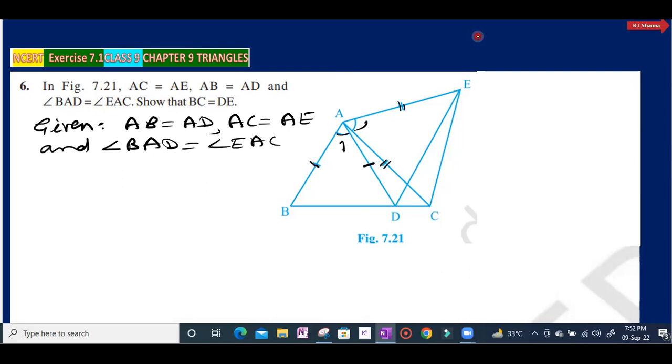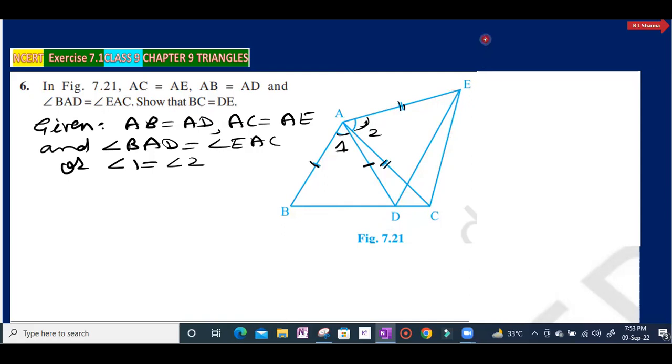Let this angle be angle number 1 and this be angle number 2, or angle number 1 is equal to angle number 2. देखिए हमें BC और DE चाहिए, because we have to prove here BC is equal to DE. CPCT से प्रूव करेंगे, लेकिन उसके लिए BC साइड आना चाहिए. तो BC के लिए हमें ट्राइंगल ABC लेना पड़ेगा, और DE के लिए हमें ट्राइंगल ADE.